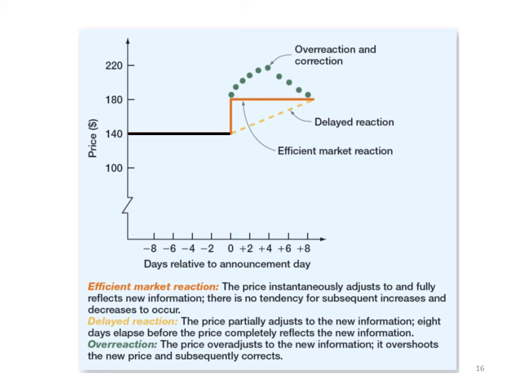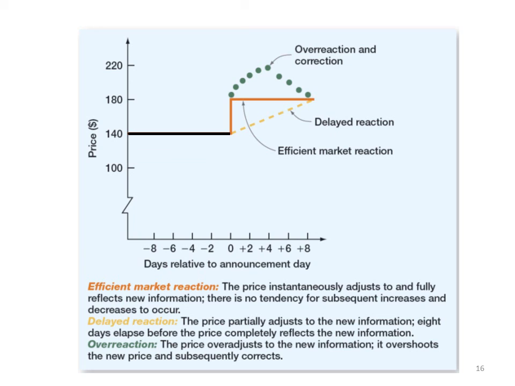This is just from the book, where you can basically see what happens. This is really when the market's efficient. But before and after that time, people are late to the party, so to speak. So buying and selling can happen.